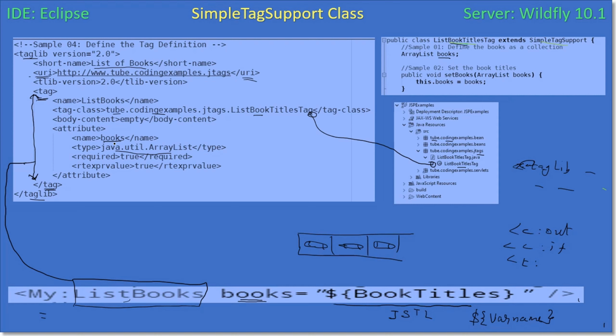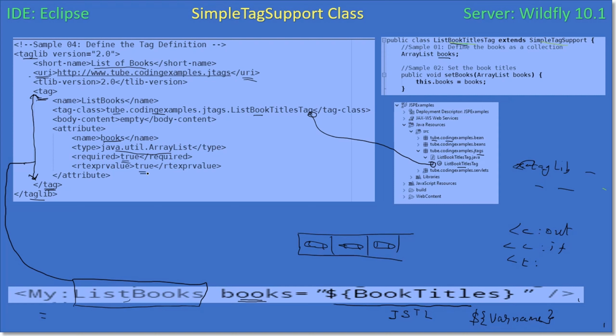And here, you see, books required is true, which tells that this is a mandatory attribute. So when you use this list books tag, the JSP file creator should use this books attribute.